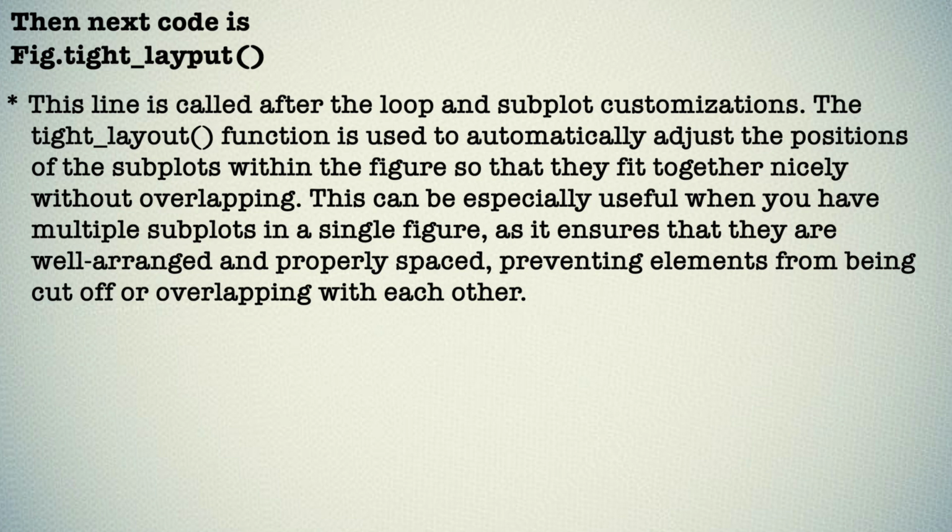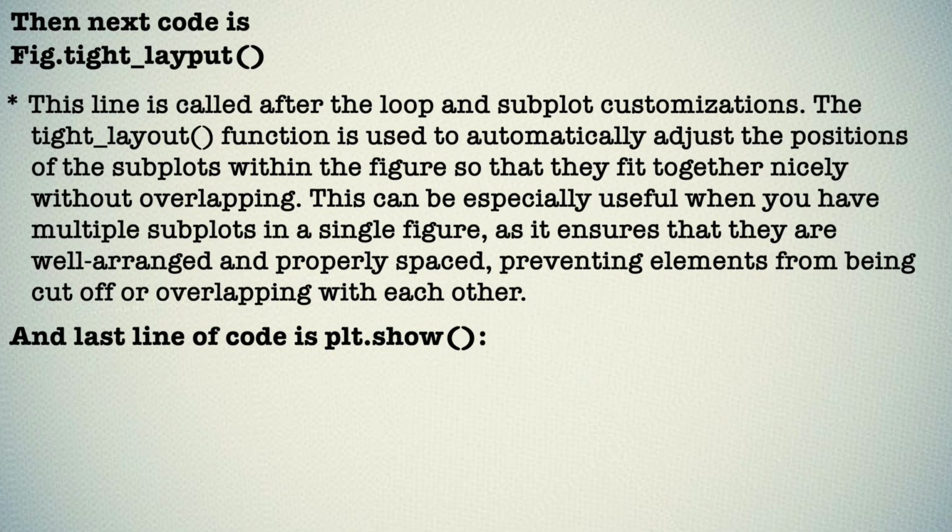This can be especially useful when you have multiple subplots in a single figure. It ensures that they are well arranged and properly spaced, preventing elements from being cut off or overlapping with each other. And the last line of the code is plt.show.